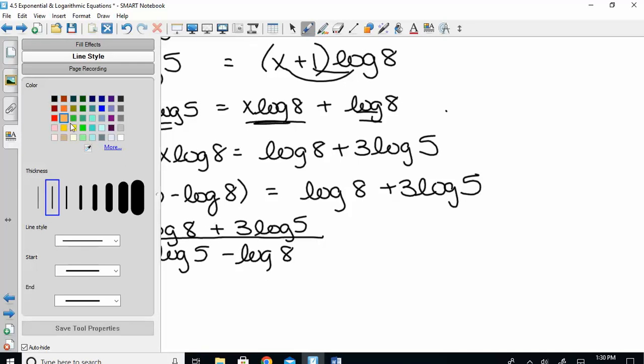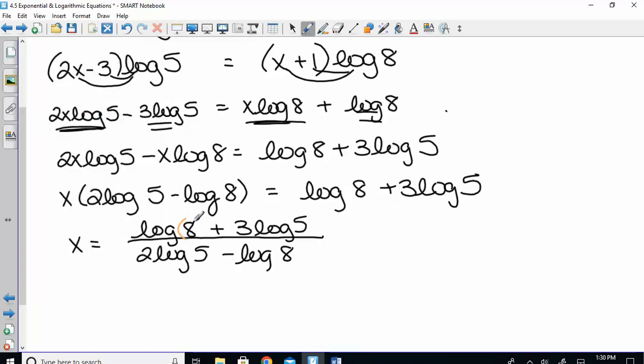Every time you push the log button, it will open a parenthesis. You have to make sure you close it. And you are also going to need a set of parentheses around the entire numerator and around the entire denominator. So type it in exactly how I have it written up here with those parentheses.